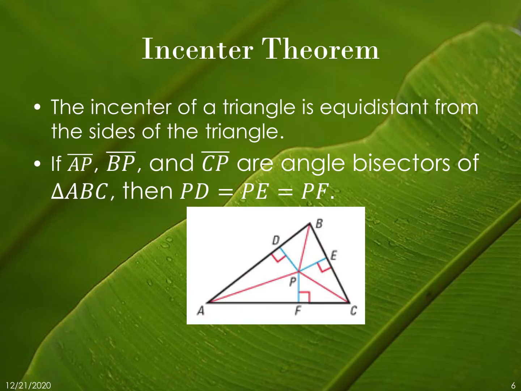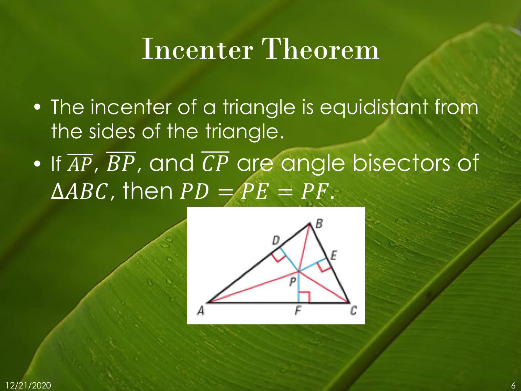So the incenter of a triangle is going to be equidistant from the sides of the triangle. So in this picture, it says if AP, BP, and CP are the angle bisectors of triangle ABC, then that tells me that PD, PE, and PF are all going to be equal.